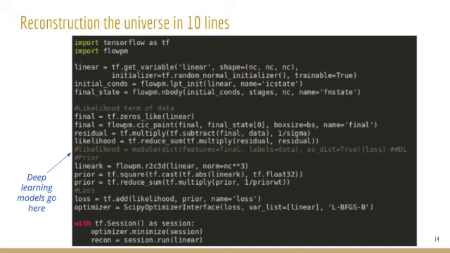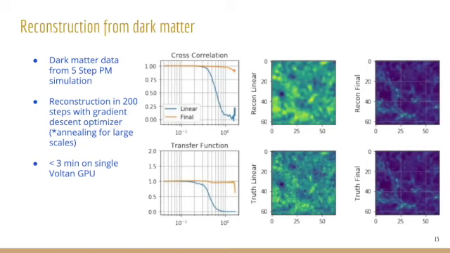If you have a deep learning model like a mixture density network or a pixel CNN to do reconstruction, all you have to do is comment this line and uncomment this line, which takes your deep learning likelihood instead of the residual likelihood. This is just showing an example of the reconstruction here from dark matter, just a toy problem. My data is essentially a five-step FastPM simulation to generate the dark matter field.